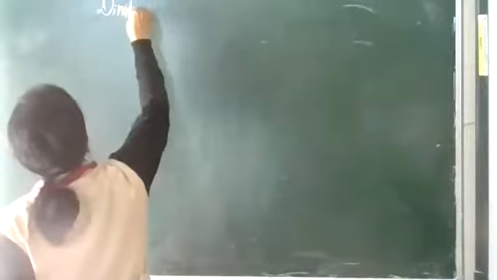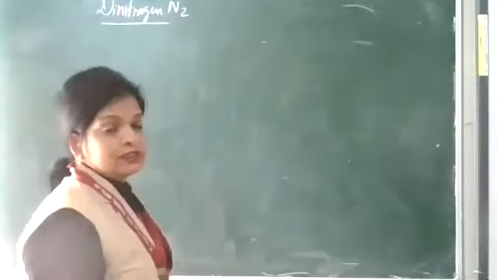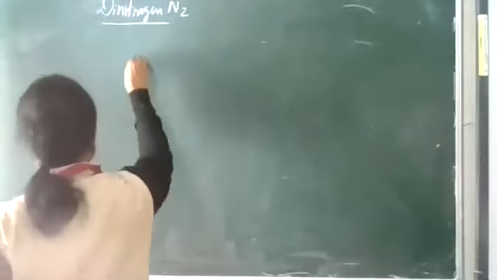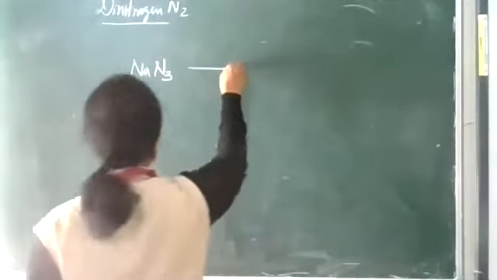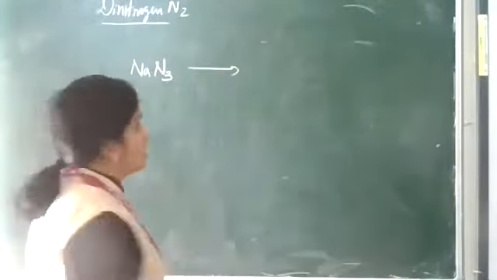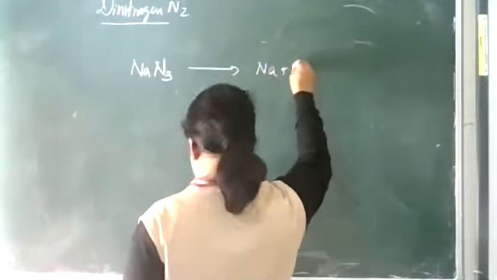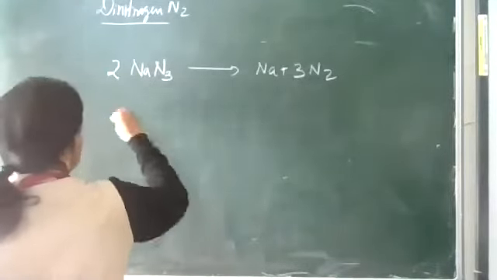Next, dinitrogen. N2 is prepared by the decomposition of sodium azide, NaN3. Sodium azide on heating gives Na and N2.